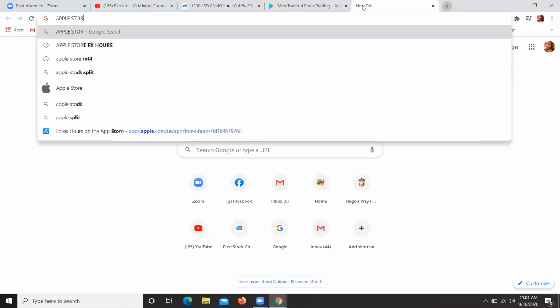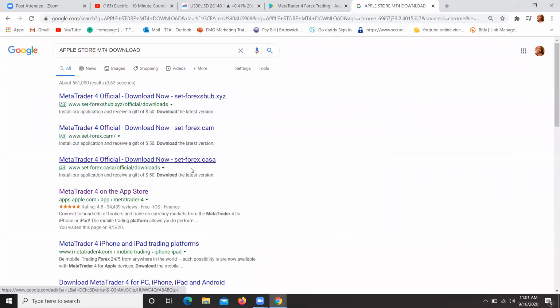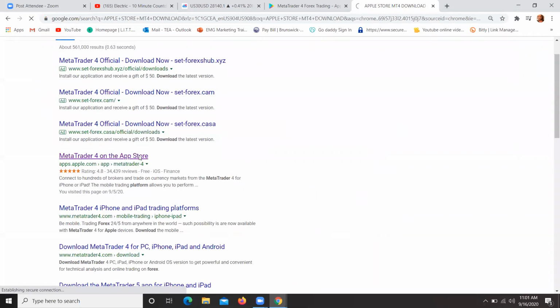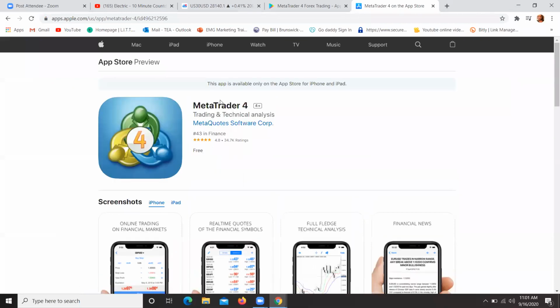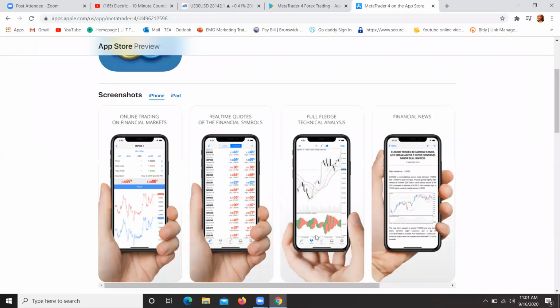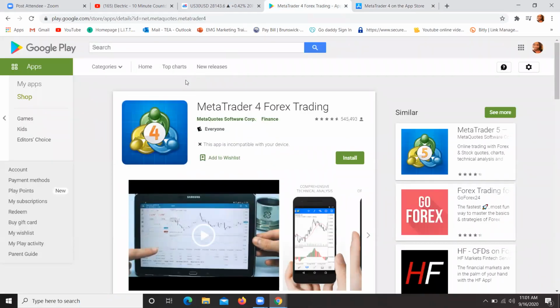If you have an iPhone, this is what it's gonna look like in your App Store. MT4, MetaTrader 4. This is what you're gonna be using to trade, okay? You can get this on your iPhone, iPad, tablet. Download this if you haven't already.